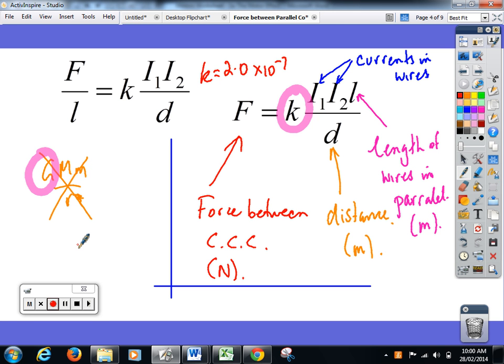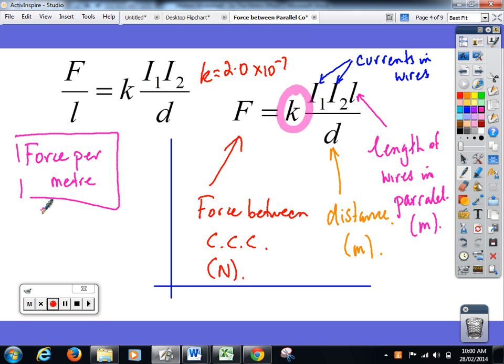Now, what does this formula over here do? Often we don't want to work out the actual force between the wires. This one over here on the other side gives us the force per metre. Okay.